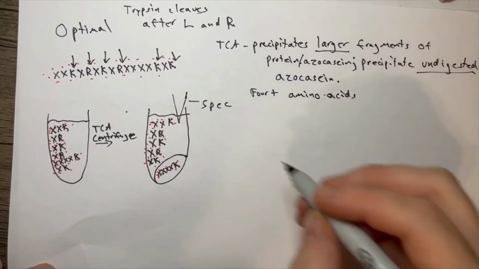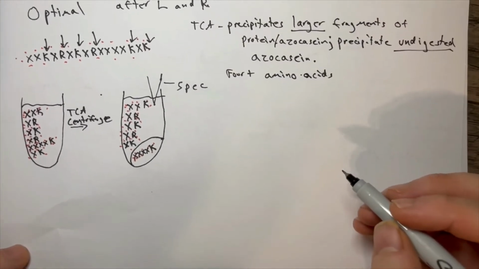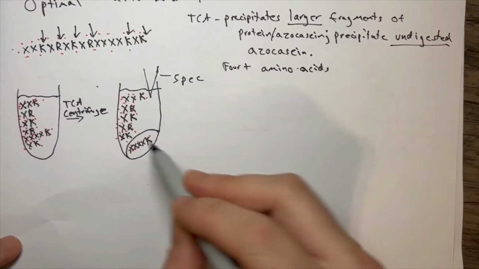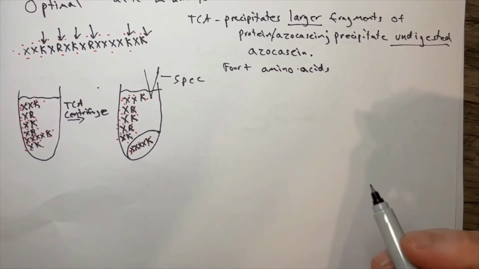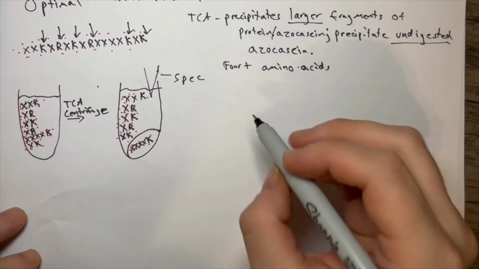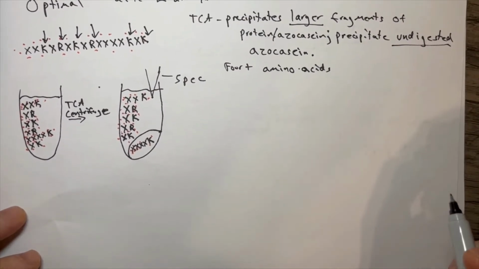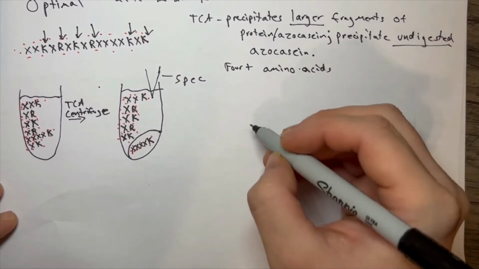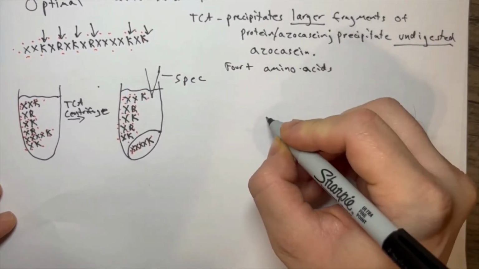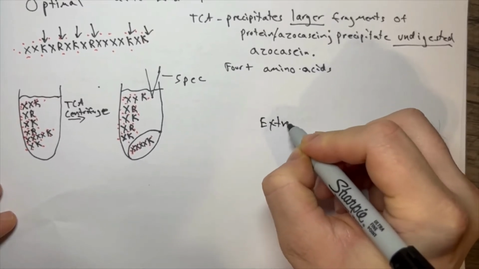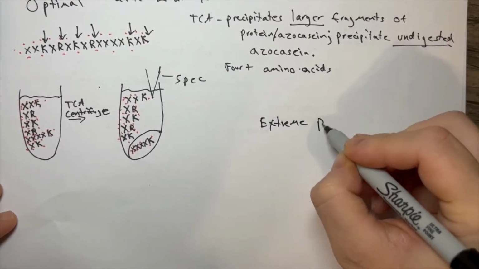Now, let's imagine another situation. Maybe we are choosing an extreme temperature or an extreme pH where it'll actually negatively affect trypsin's ability to cleave azocasein. So let's just say we choose an extreme pH.